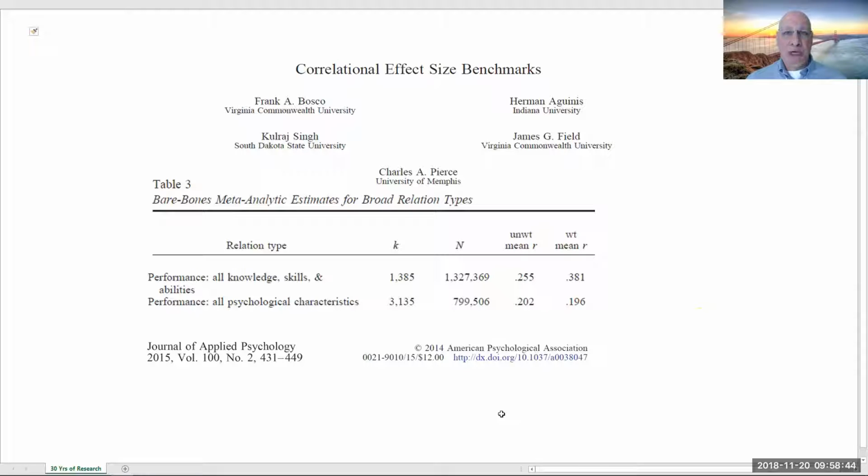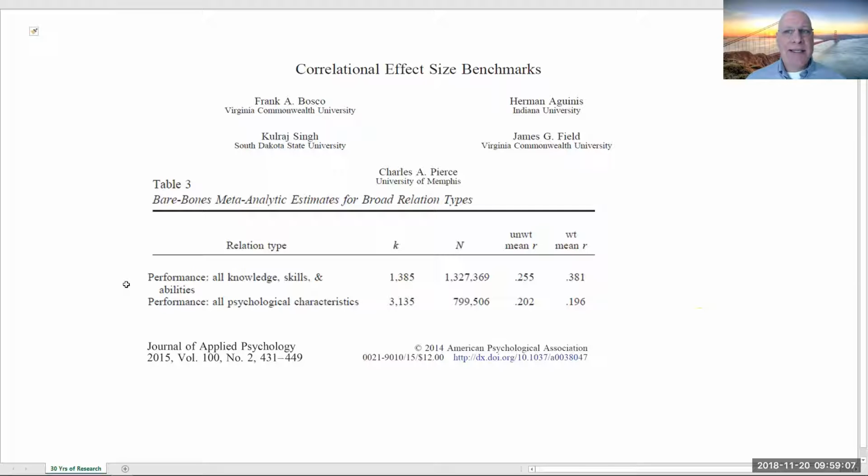When you're not using machine learning and customizing models, a group of researchers looked at 30 years of assessment data from 1980 to 2010, and they published their research in the American Psychological Association in 2014 and in the Journal of Applied Psychology 1 year later.